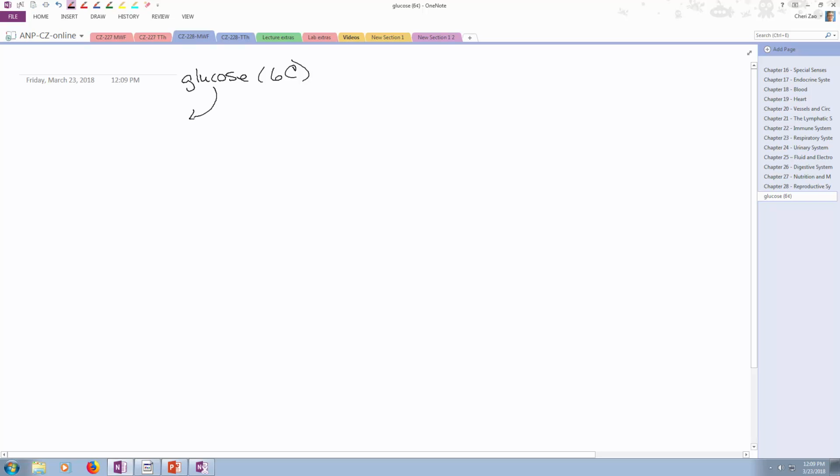And so we're going to have a split here, and we're going to make DHAP and G3P. DHAP is readily converted to G3P. G3P is what's going to make our pyruvate. DHAP is 3-carbon, G3P is 3-carbon, and pyruvate is 3-carbon.